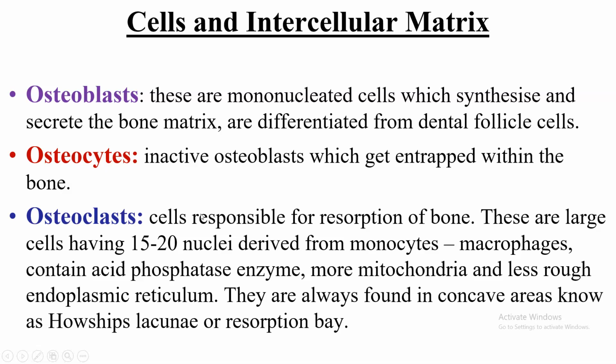Osteoclast, this cell is responsible for the resorption of the bone, and these are large, having about 15 to 20 nuclei, derived from the monocyte macrophage. It contains acid phosphatase enzyme, more mitochondria, less rough endoplasmic reticulum. They are always found in concave areas known as Howship's lacunae.